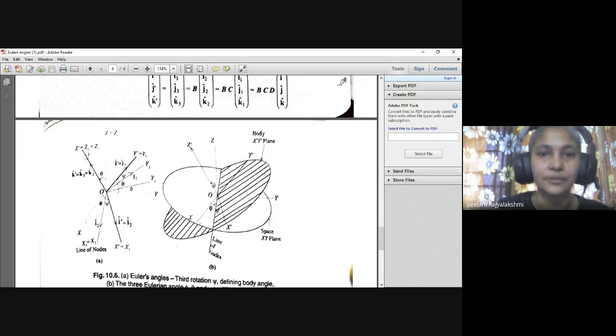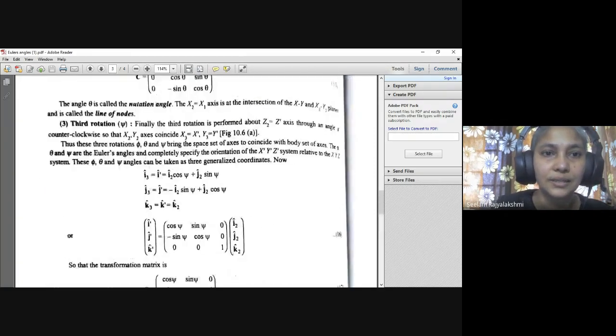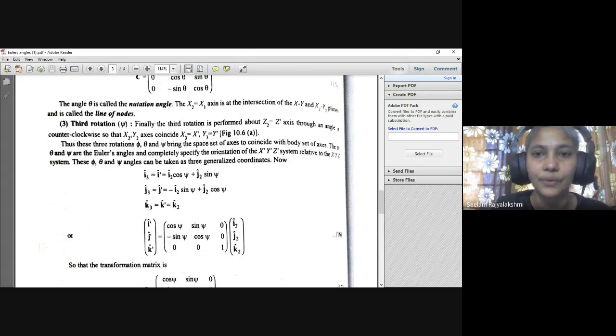This is the third rotation. So finally the third rotation is performed about Z2. That means we observe that the three rotations phi, theta and psi bring the space set of axes to coincide with the body set of axes. That means we can observe the coincidence of the space set of axes with the body set of axes.